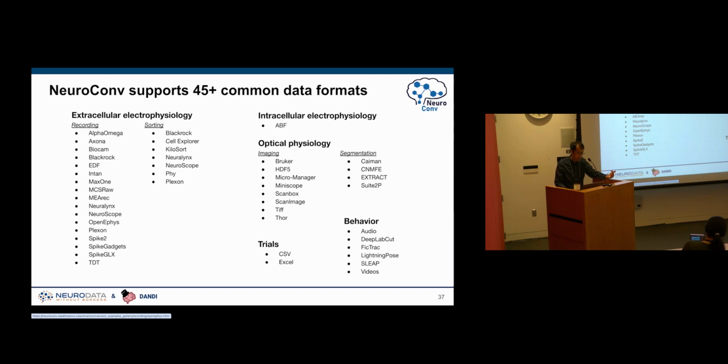I think a few more have been added since I made this slide, but you can look through and see if yours is on here. And if it's not, and you want to use NeuroConv or guide, we ask that you submit an issue ticket on the NeuroConv GitHub repo telling us what the format is, and if there's any small sample data that you can provide, it would help us a lot in building out support for automatically converting that data into NWB.